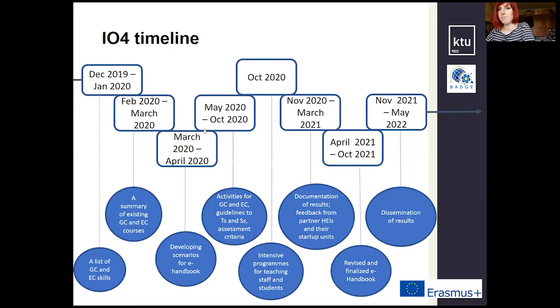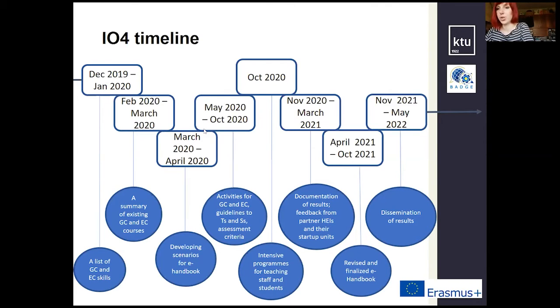And now we're still finalizing those exercises and tasks, and we're going towards the stage where we already pitched some ideas in our team on developing the scenarios for an e-handbook that is going to be the main deliverable from our IO.